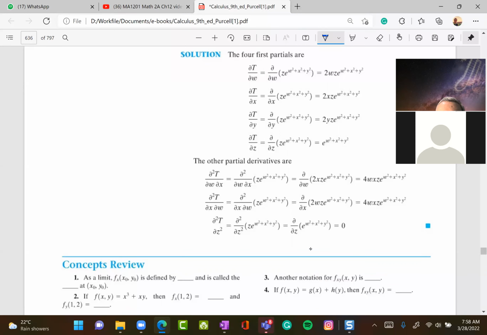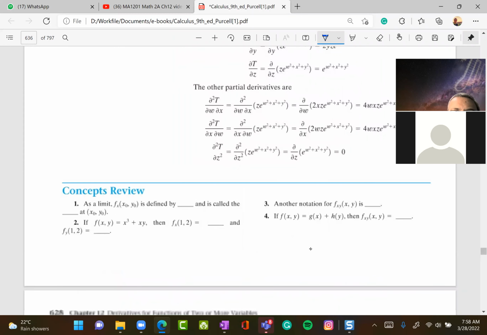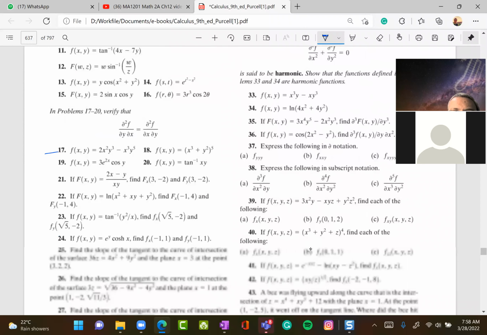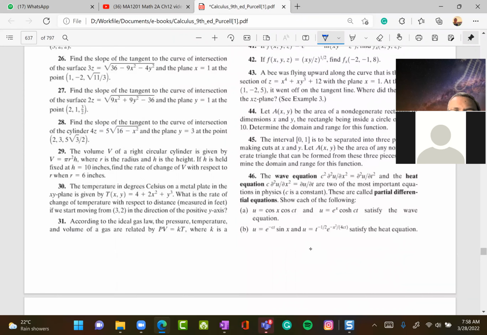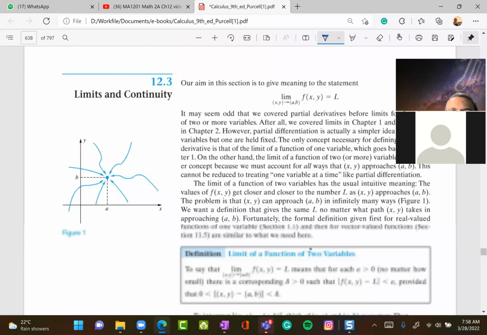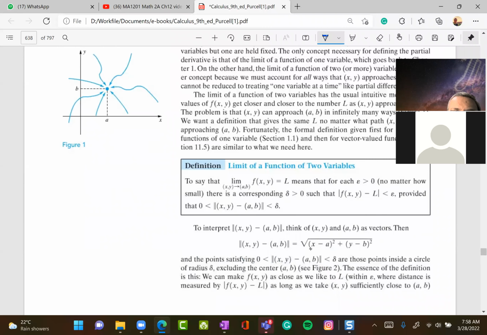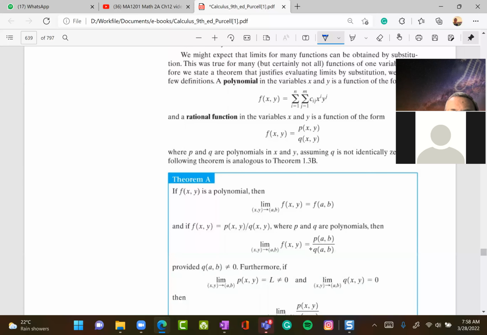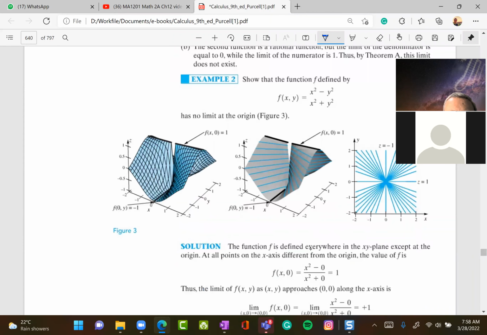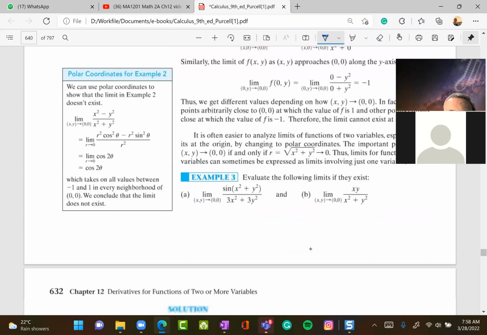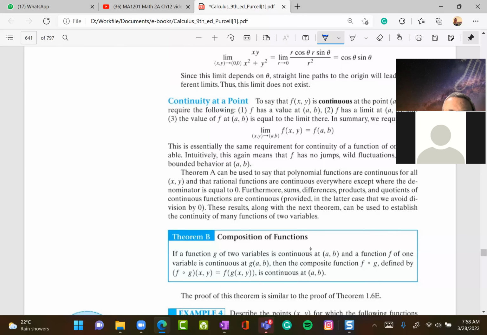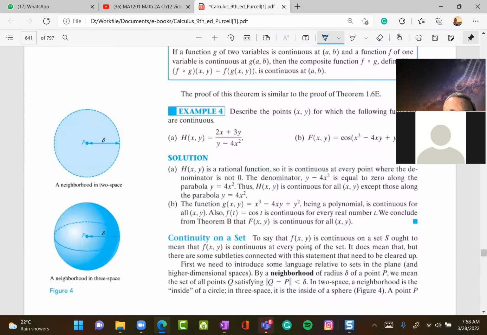Oh, this is not here. Let's look at this one. Let me just show you. We jump to the next sections just to quote the theorem. Compositions. Where is that?